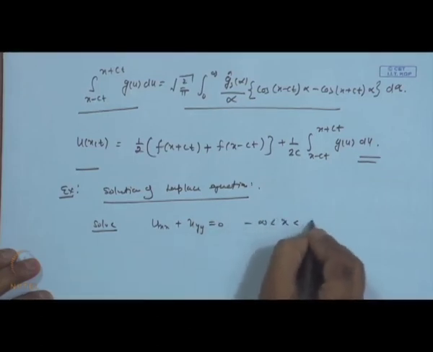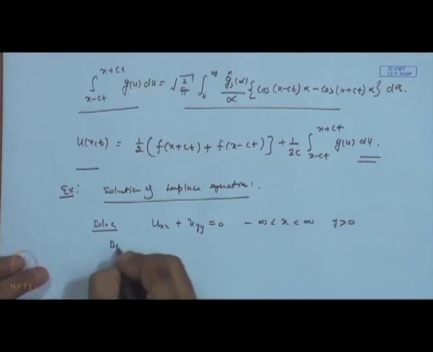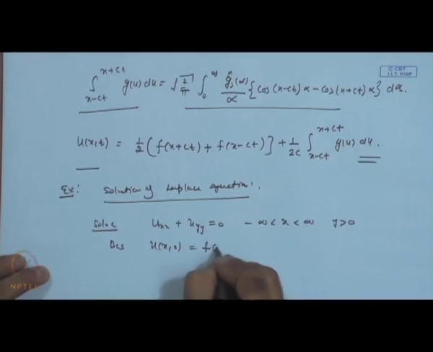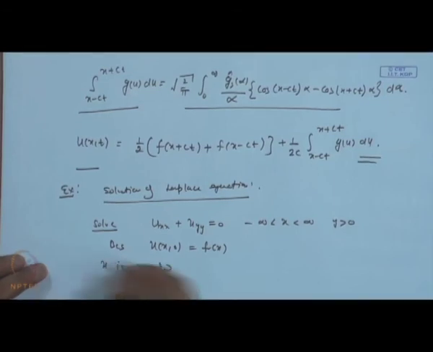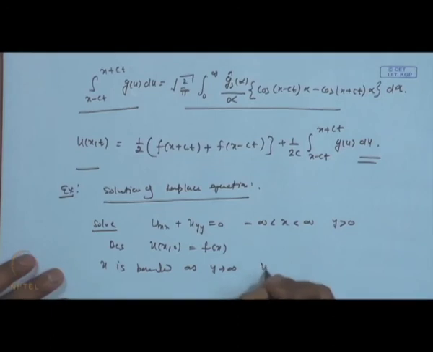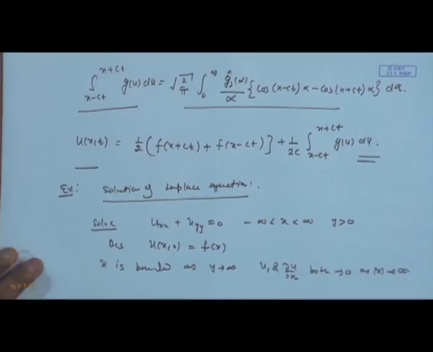It is given from minus infinity to plus infinity, y positive, and the boundary conditions are u(x,0) is f(x), again in the same range, and it is given that u is bounded as y approaches infinity, and again u and ∂u/∂x both go to 0 as |x| goes to infinity.